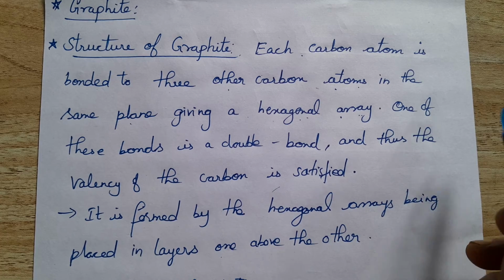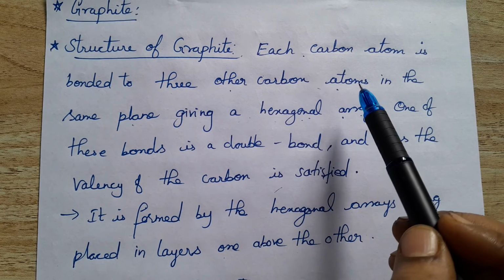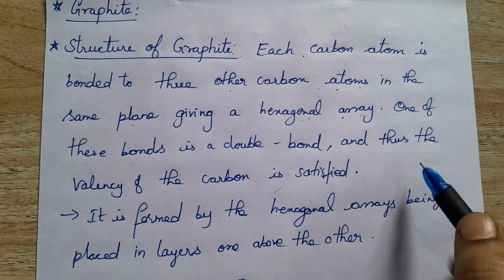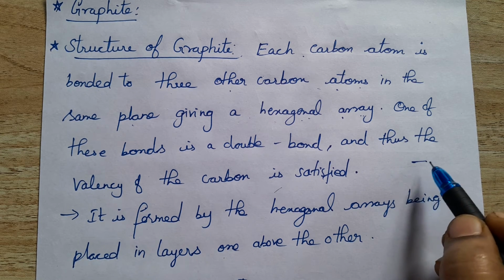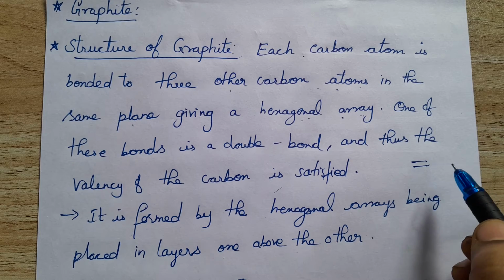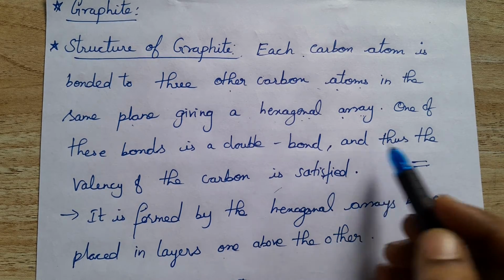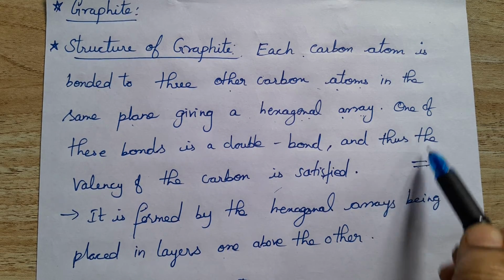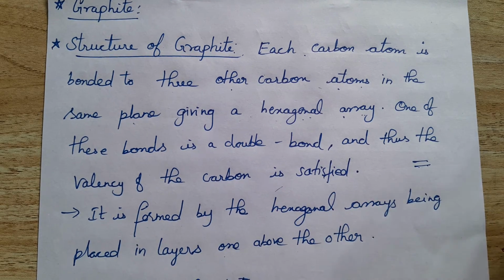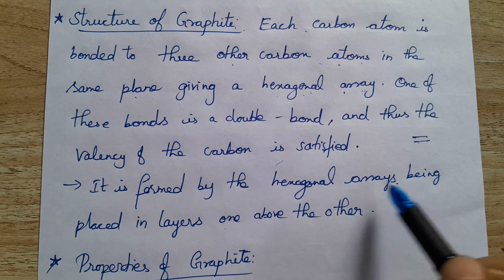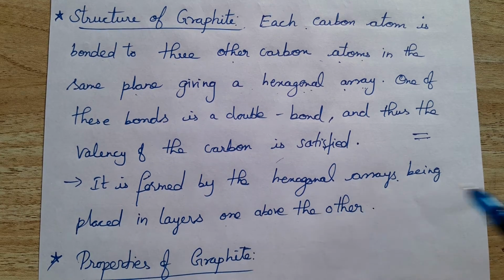You know that a covalent single bond is represented by a single line. Here one of the bonds is a double bond, so it is represented by a double line. Thus the valency of the carbon is satisfied. It is formed by the hexagonal arrays being placed in layers, one above the other.